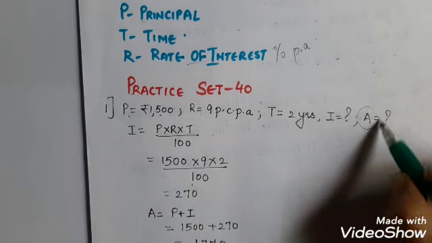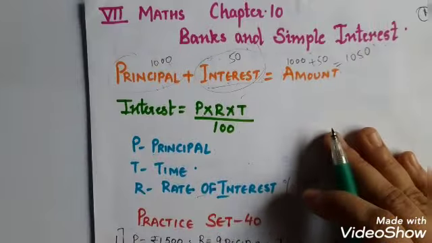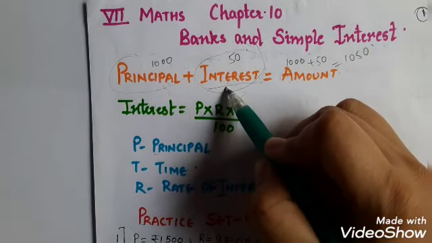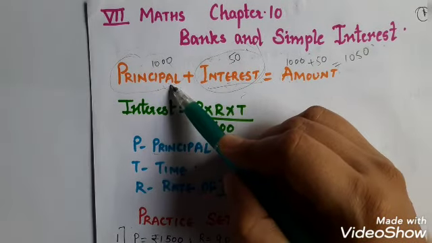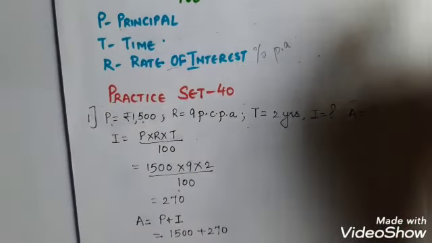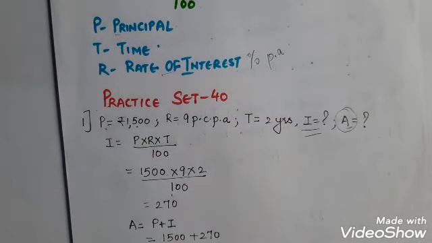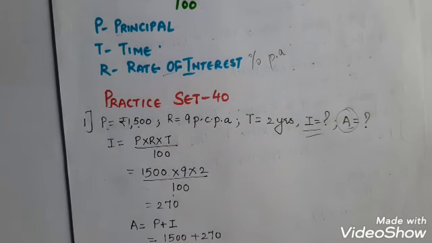We have to find the total amount. But to find the total amount, we know the formula for total amount is principal plus interest, where the principal is known but the interest is not known. So we need to first find out the interest, and then we can know the amount.